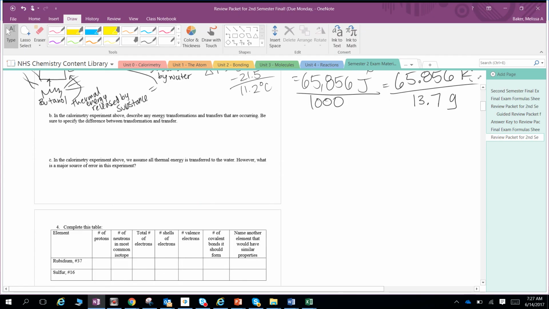In this experiment, it says describe any transformations that are occurring and transfers, and specify the difference. Well, transformation is basically a conversion from one form of energy to another.